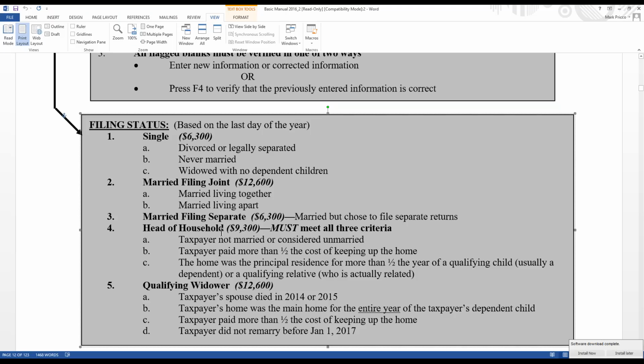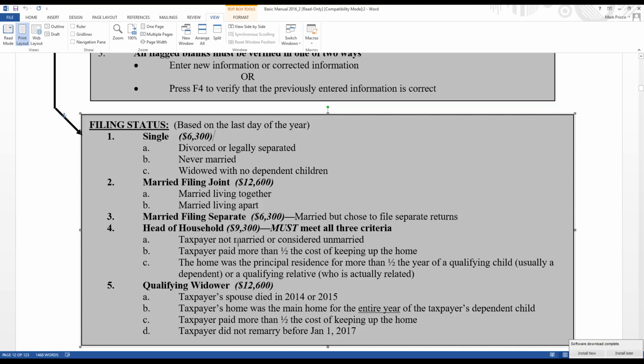Going back to 4, head of household, that's the trickiest. If you look here, the standard deduction is $9,300, which isn't bad. It's just under married filing joint and qualifying widower, and it's larger than single. So it's a pretty good deduction you get to take. And to meet head of household, the taxpayer is not married or considered unmarried, which we'll talk about in a minute, what considered unmarried means.